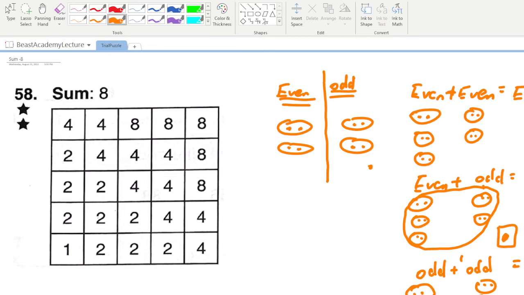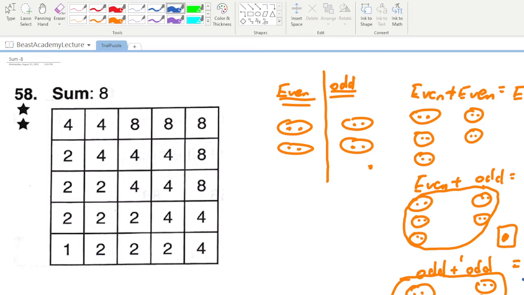When I combine them, I can combine all the pairs together, and I have a single one from the first odd and a single one from the second odd. Combined together, they become a pair. So that's why this is even.